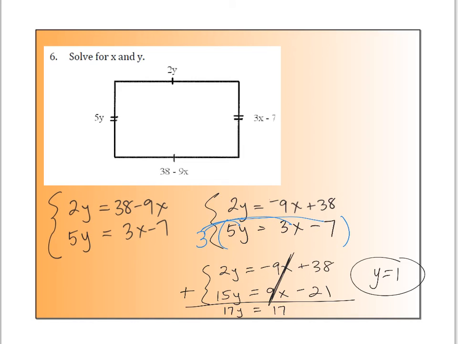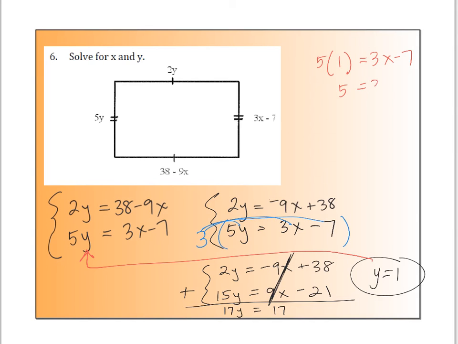Yay! To solve for x, we're going to substitute that into one of our equations. I usually use one of the originals, but you can substitute it in anywhere. So I'm just going to take that 1 and plug it in right here. So it's going to look like this. 5 times 1 equals 3x minus 7.